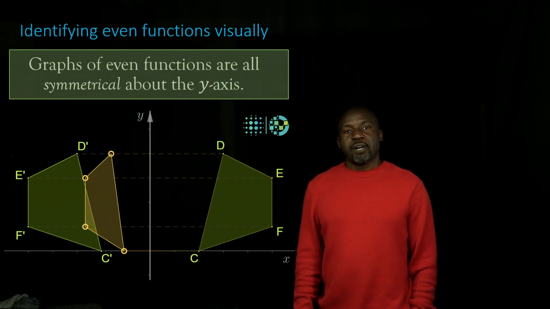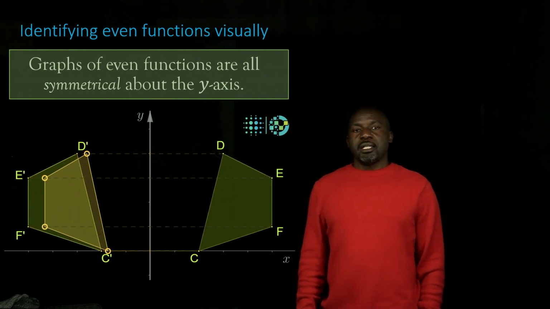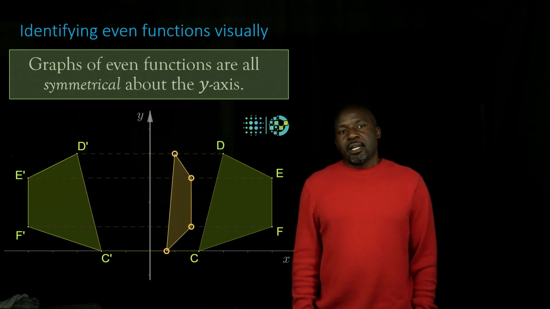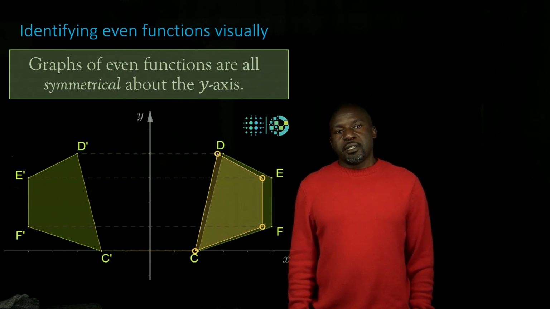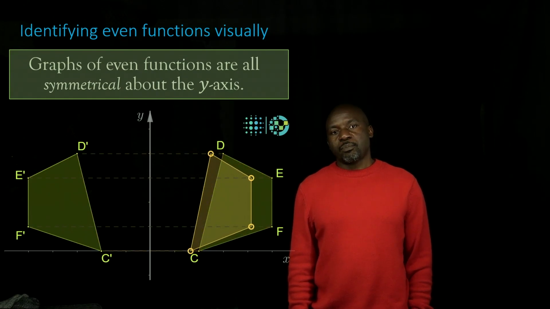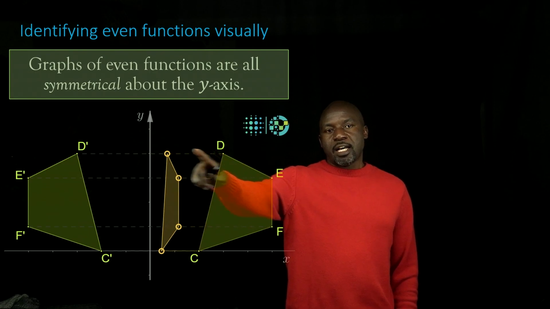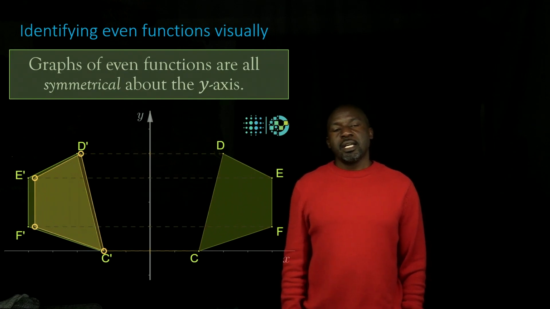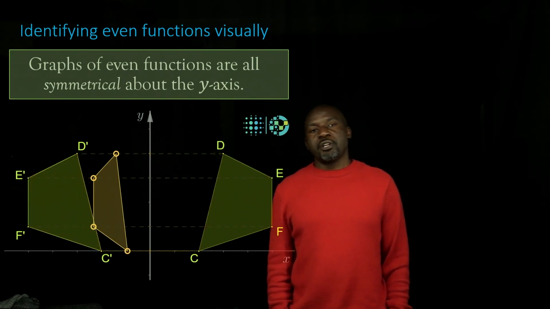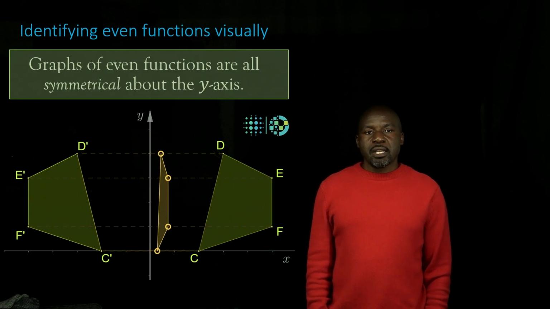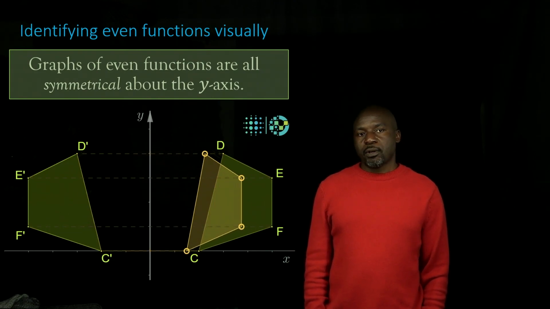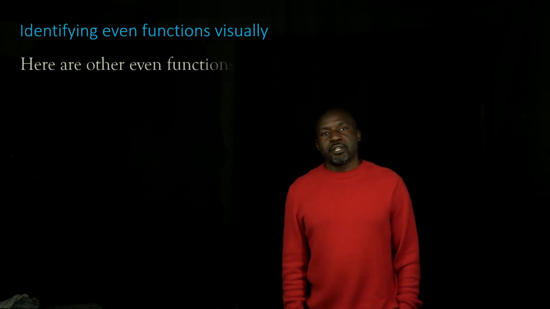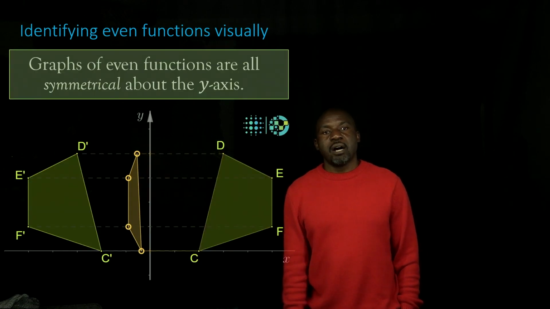If it is symmetrical about the y-axis, then at any coordinate point, say point D there, point D is the same distance from the y-axis as point D prime. So D and D prime are at the same distance from the origin. So they are equally away. Their distance from the origin is the same. And that goes for point E, point F, and point C as well. So that is what it means to say that a function is symmetrical about the y-axis.